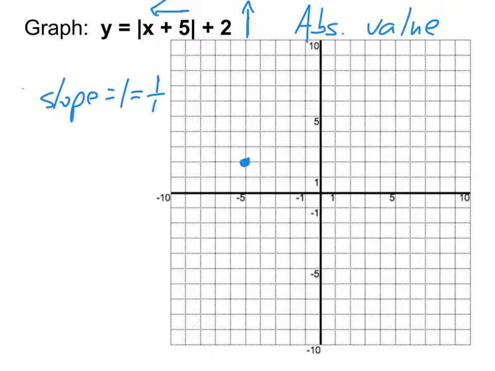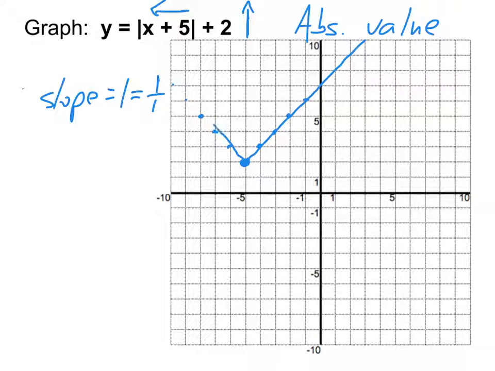If you prefer to think about it that way, great, it'll help you get there. What it means is that from that first point, I go over 1 and up 1 each point I plot. And because it's a V shape, I do that on both sides where I go over and up. I do not go down at all from that first point. And then once you plotted those points, you have enough precision to actually draw the line out from there.